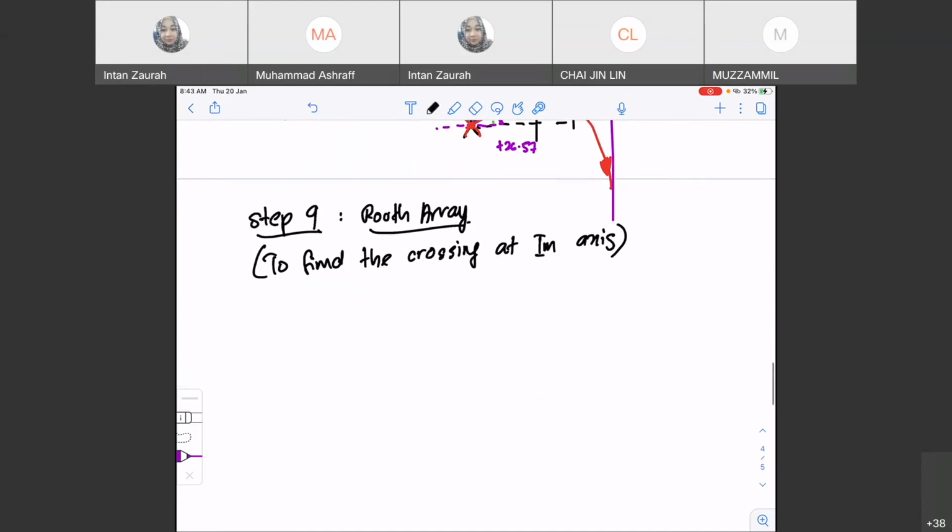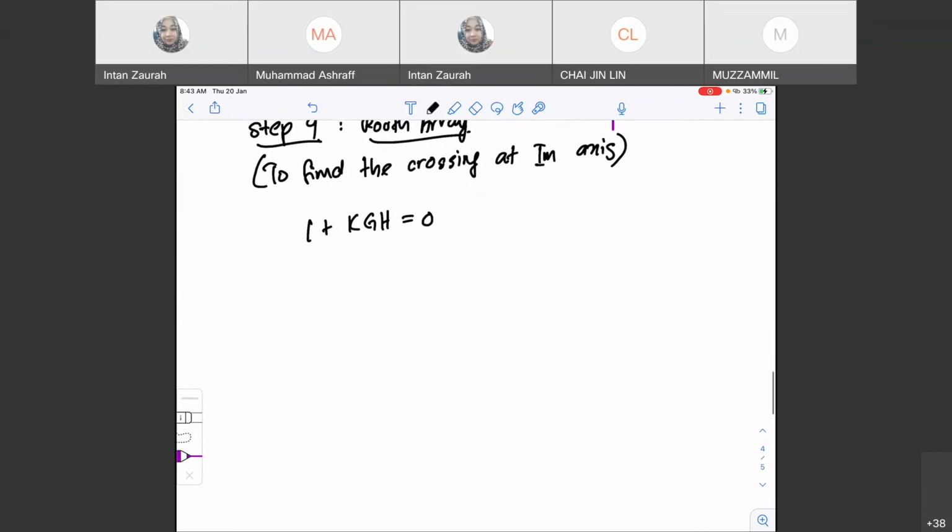Okay, so the method of doing this, we need to start with 1 plus kgh equals to 0. That is your characteristic equation. Okay, so there's 1 plus k(s plus 4) over s squared plus 2s plus 2 equals to 0.